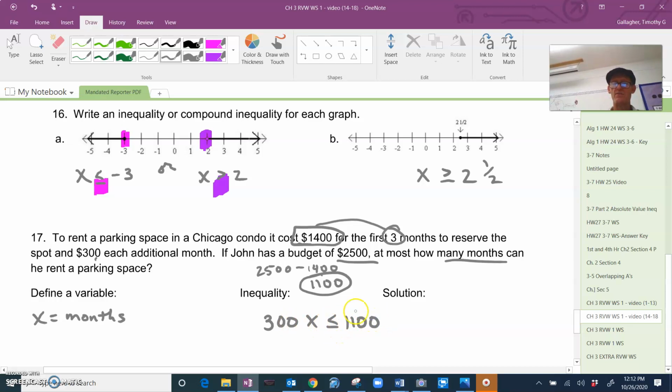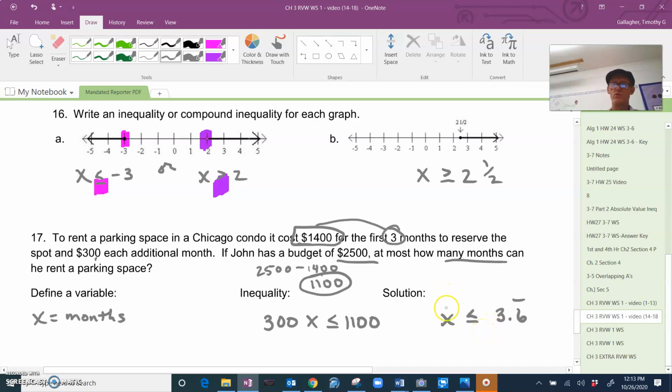Now if you divide both sides by 300, you get x less than or equal to 1,100 divided by 300, which is 3.6 repeating.